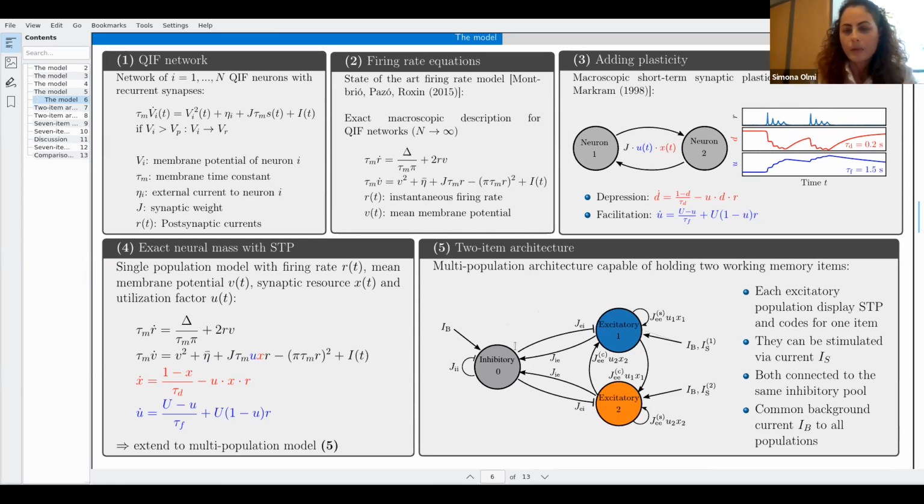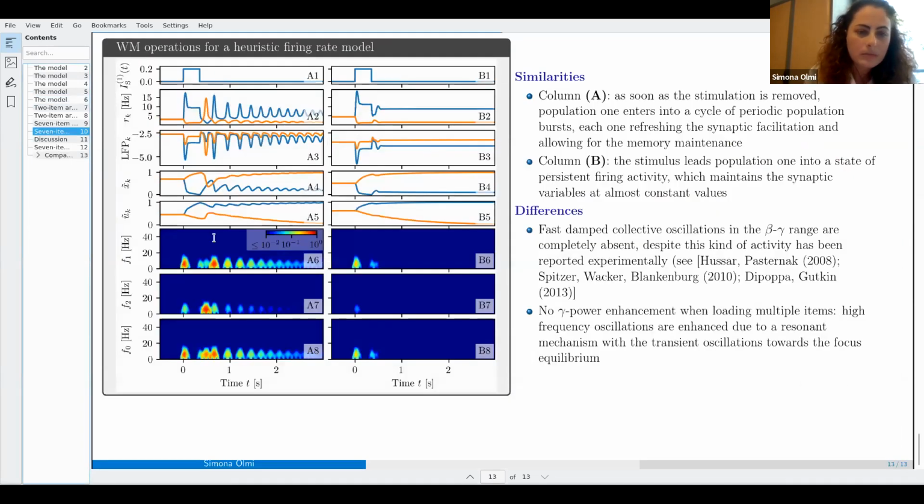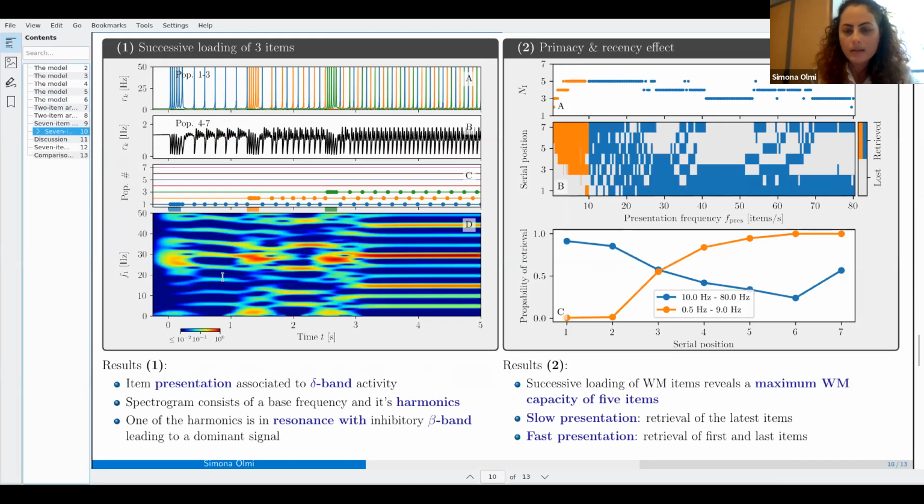If you look at the spectrum, for example, the inhibitory population really interacts with the other ones, and you have a resonance effect that allows you to have a bigger signal in the beta and gamma frequency bands. So the fast frequency activity is enhanced due to the inhibition, and this will be enhanced further if we use more inhibitory populations with respect to just one.